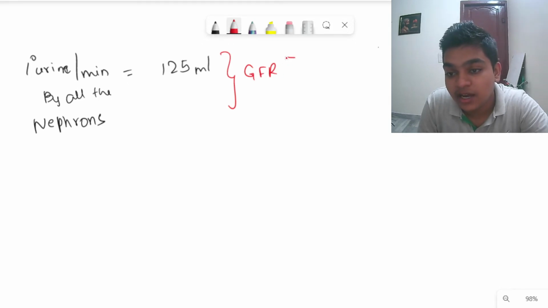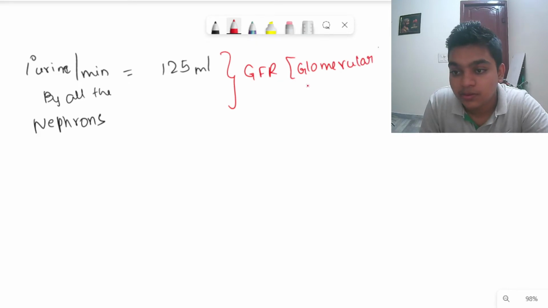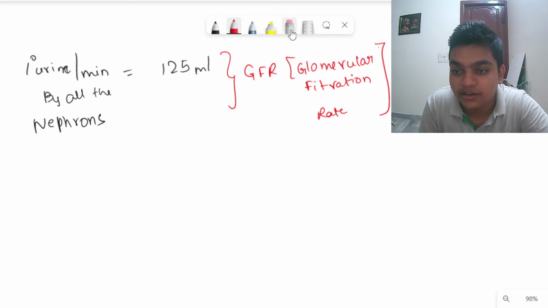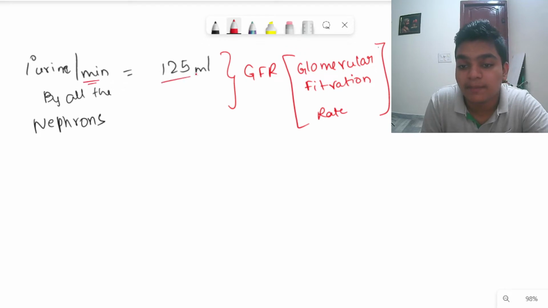What is GFR? Glomerular filtration rate. This is called glomerular filtration rate, and this is 125 ml per minute and 180 liters per day.